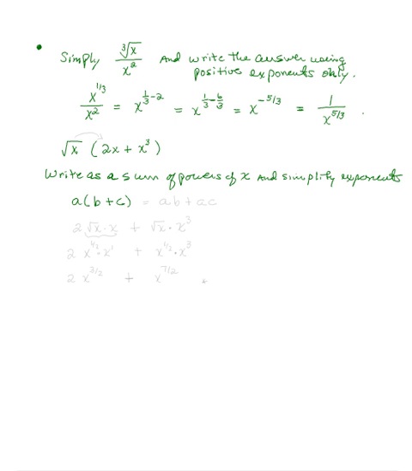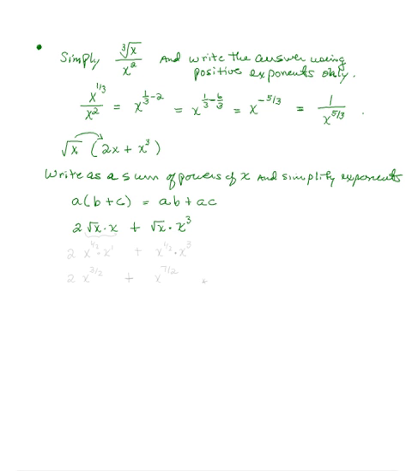So it's a distributive situation, so we will apply the distributive rule, ab plus ac. So in other words, we'll distribute up here, and we'll have 2 times the square root of x times x plus the square root of x times x cubed.